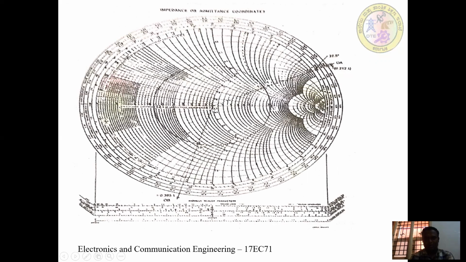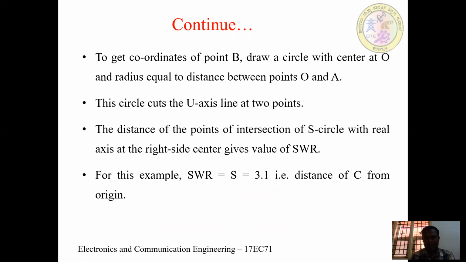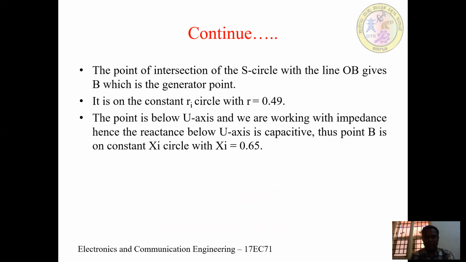So I need to draw the VSWR circle, keeping O as center and the distance to A as radius, and it cuts at C. This is the point C, our 3.1 point on the real axis. For this example, SWR is equal to 3.1, that is the distance of C from the origin.